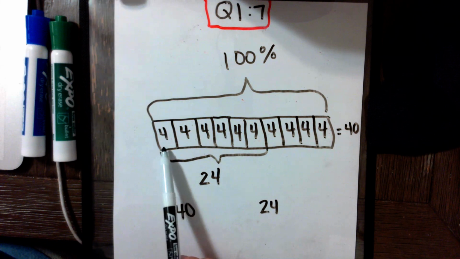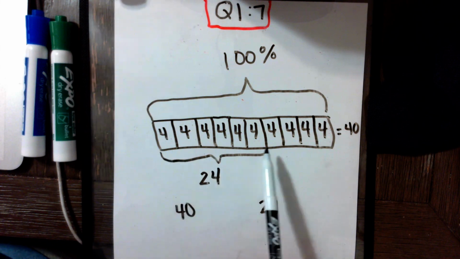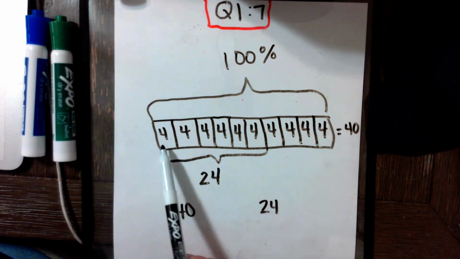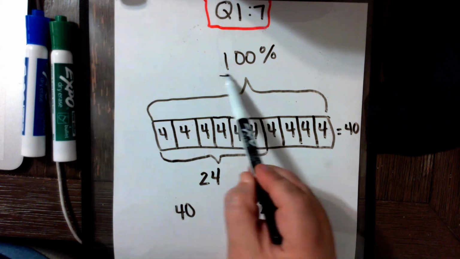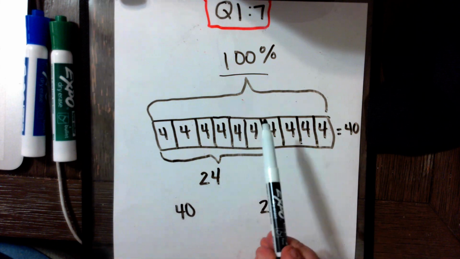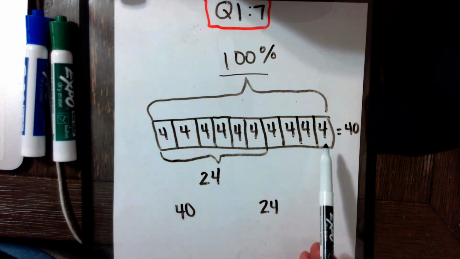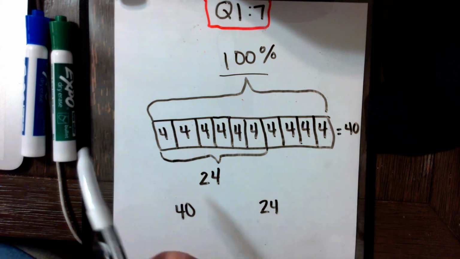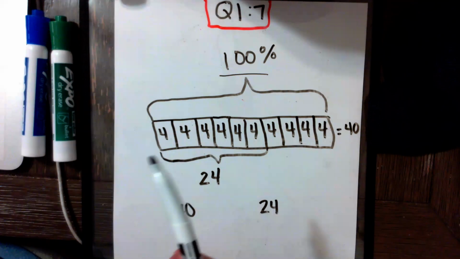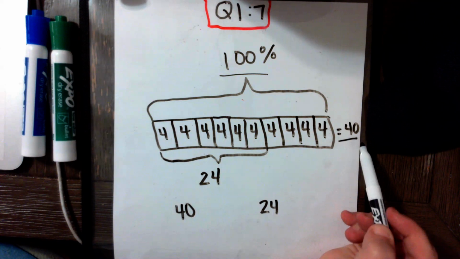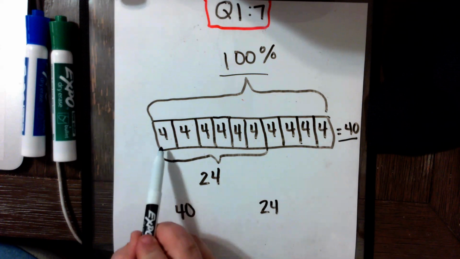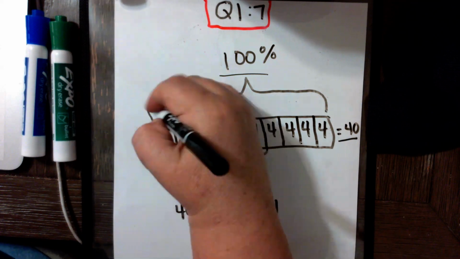First of all, if you count these boxes, these add up to 10. There are 10 of these boxes. And if I think about 100%, if there's 10 boxes, well, each box must be 10% of our total, right? So the boxes are worth 4, but they're also worth 10%.